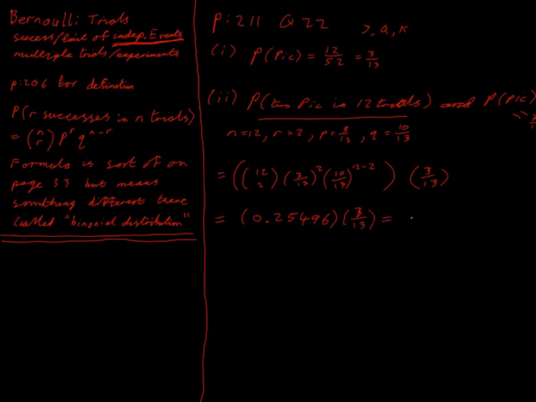When I put that in the calculator, I got 0.0588836, and that roughly gives me 0.06, rounding to 2 decimal places, which would be the standard in most of these questions. Because this is small, you could actually round to 3 or 4 if you wanted to, but the standard is round to 2 decimal places in a question, unless it specifically asks you to do one thing or another in the exam.